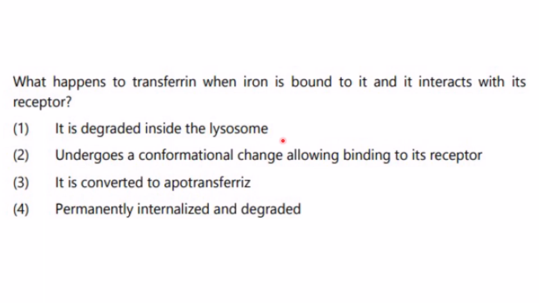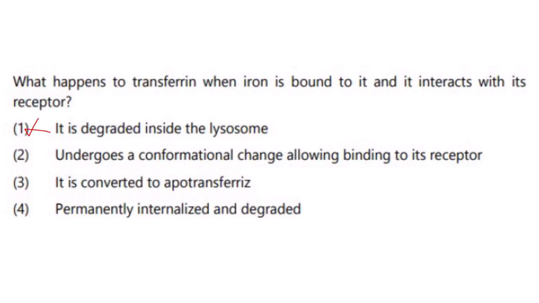No, it is taken up by the endosome, and upon reduction of the pH in the endosome because of the presence of proton pumps, iron is dissociated from the transferrin, and the iron which is dissociated will be transported out of the endosome into the cytosol. So it is not degraded inside the lysosome. So that makes option 1 gone.